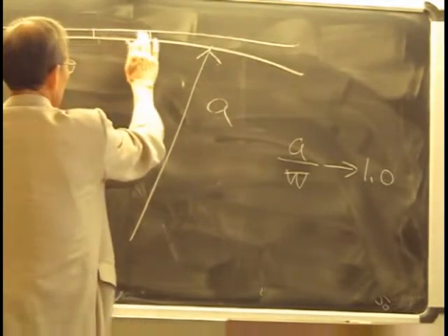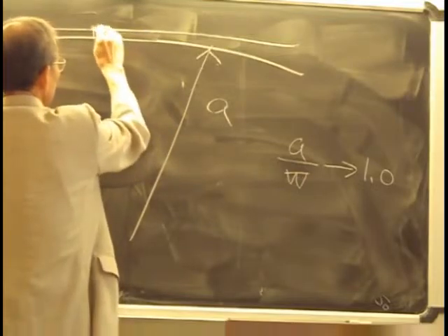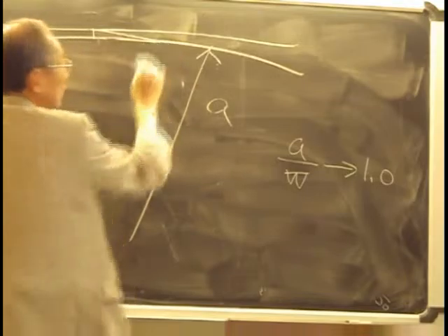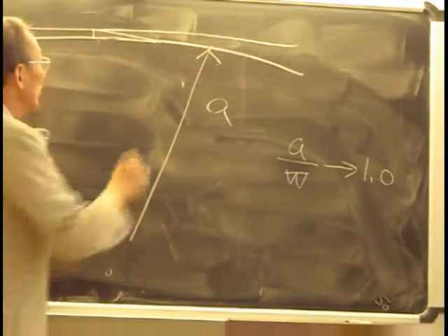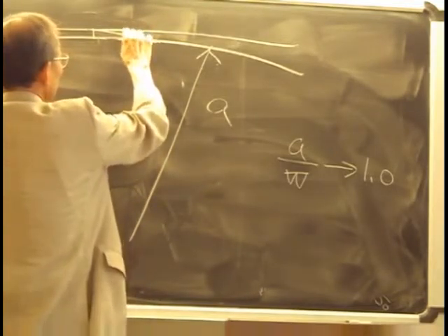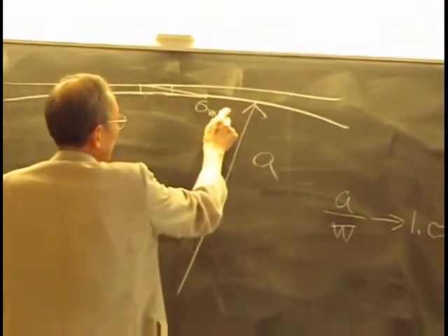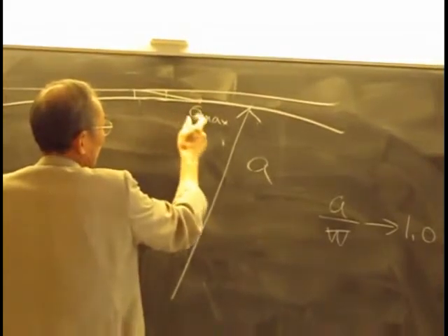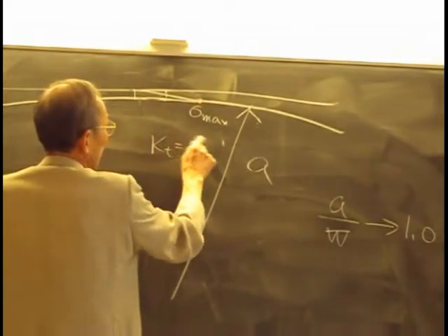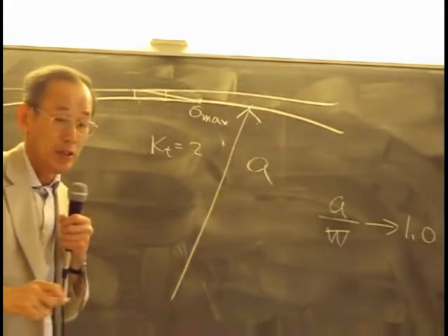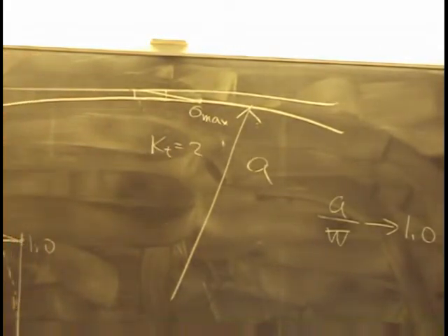But it does not become like this. The stress distribution becomes linear, and so the mean stress is half of this sigma maximum, and so Kt equals 2. And you can verify by strength of materials.